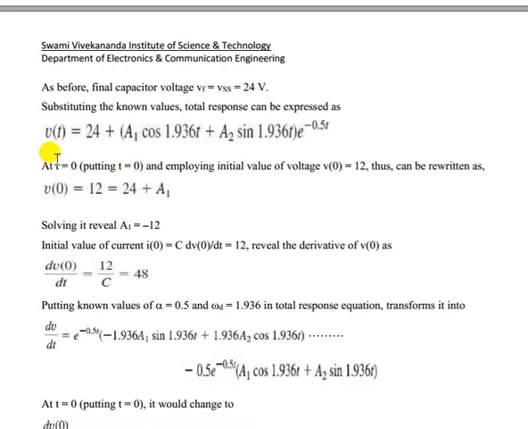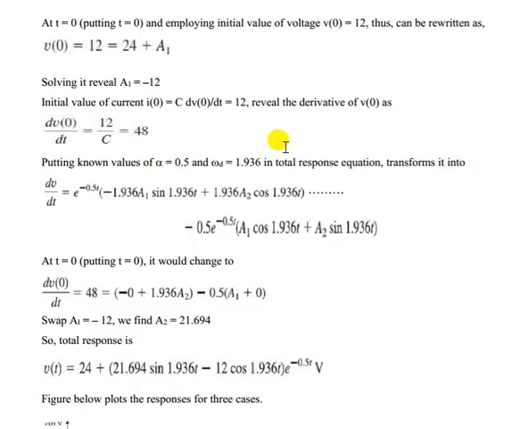Then you have to find dv by dt, that means you have to differentiate this total response. After differentiation we get this total expression. Then by putting t equal to 0, the sine terms become 0, only the cosine term remains, and the cosine term becomes 1.